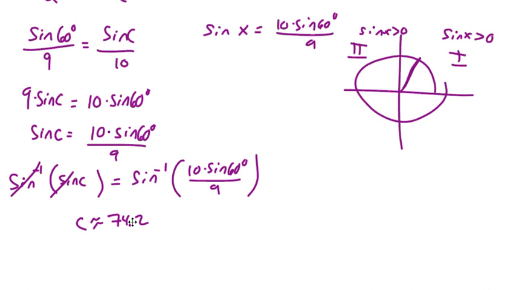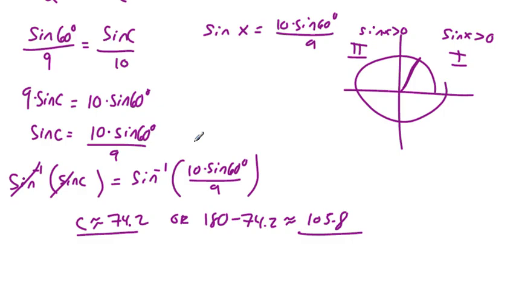So check this out, we can have two values for C. The way you find the other one is you subtract this from 180, so 180 minus 74.2 gives us 105.8. Hopefully this is making sense, that we get two values for C: this value and 105.8.